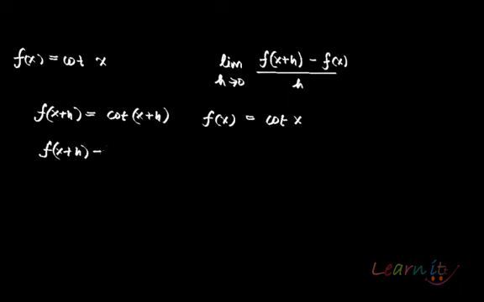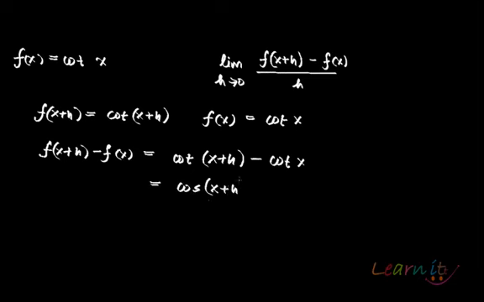So f of (x plus h) minus f(x) is cot of (x plus h) minus cot of x, which is cos of (x plus h) upon sine of (x plus h) minus cos of x upon sine of x.